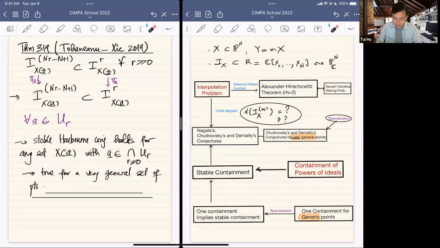And then we prove a theorem that says one containment implies stable containment, meaning in order to get the stable containment, all you need is just one containment. So this is the content of my lecture today. I'm going to talk about how one looks at one containment for generic sets of points and how we get that one containment implies stable containment.